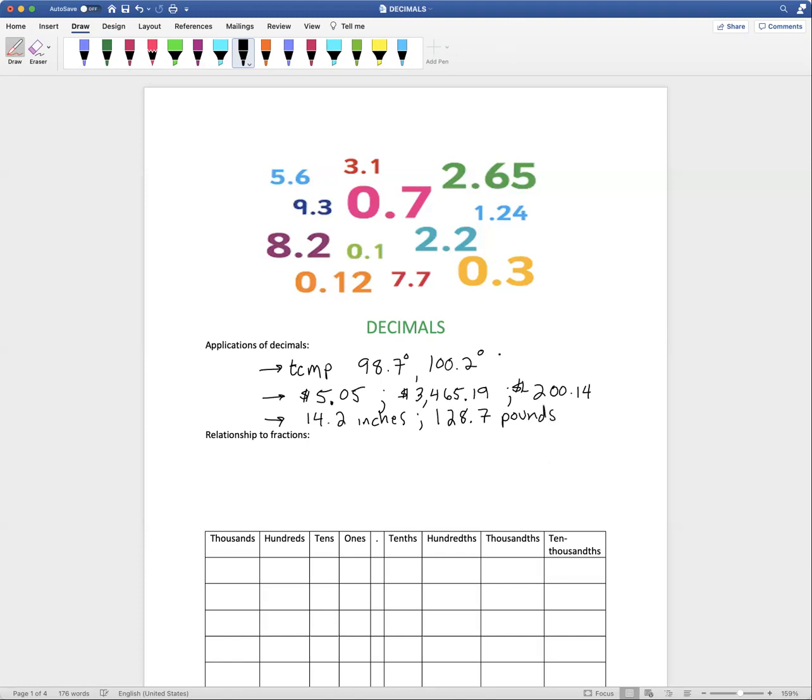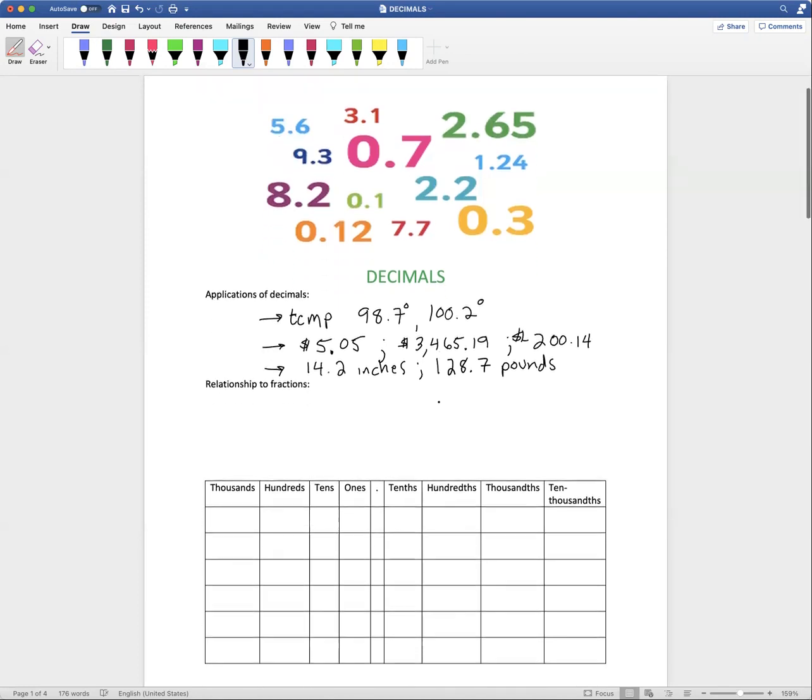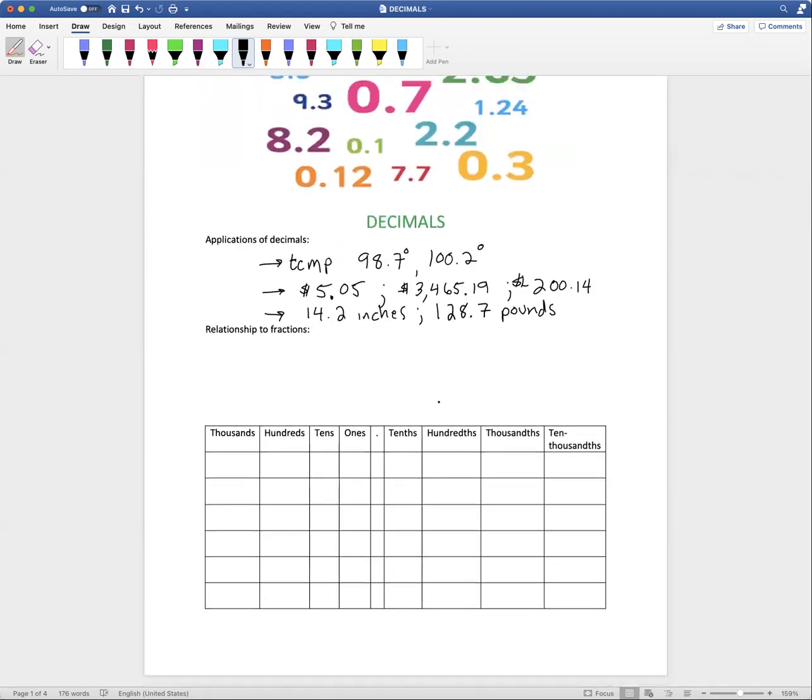There are so many different applications of decimals. So today what we're going to do is talk about, first of all, where does this word decimal come from? If we take a look at the word decimal, you can see there's this D-E-C-I. And this D-E-C-I, or this D-E-C, is a prefix that often means 10. Think about it.